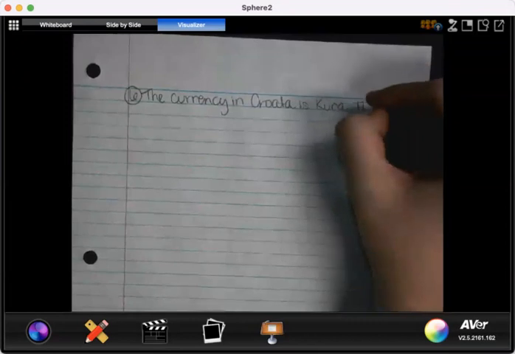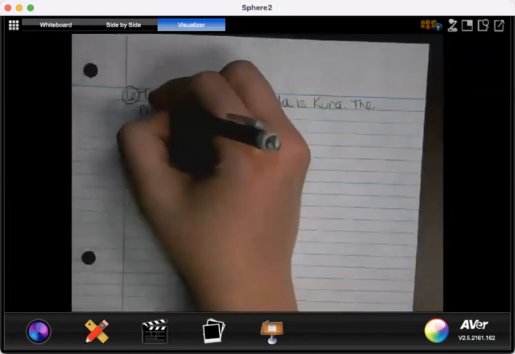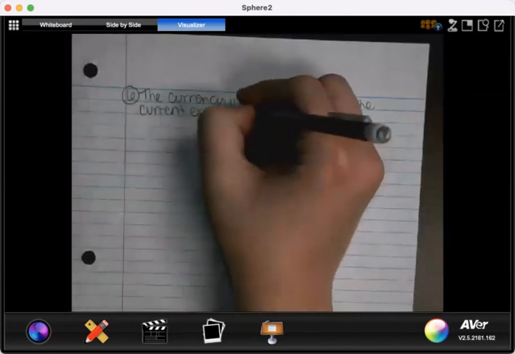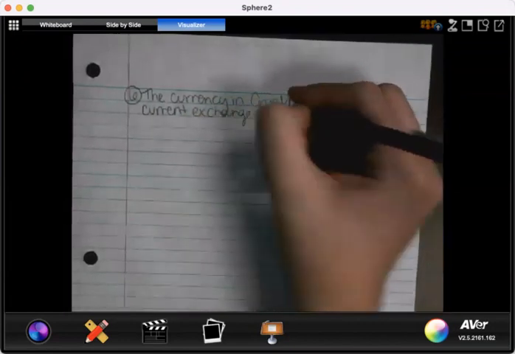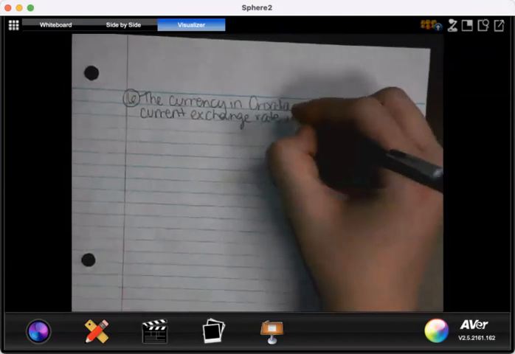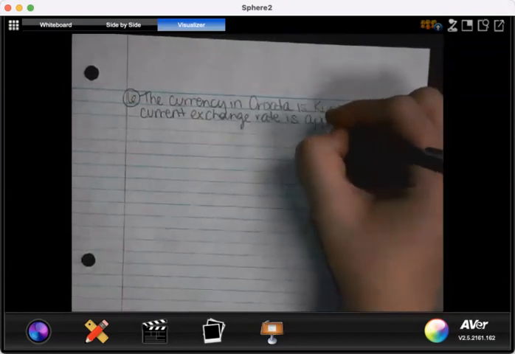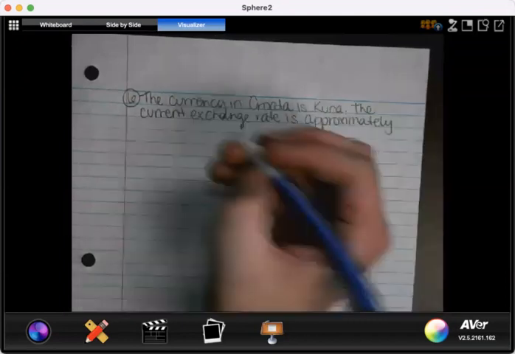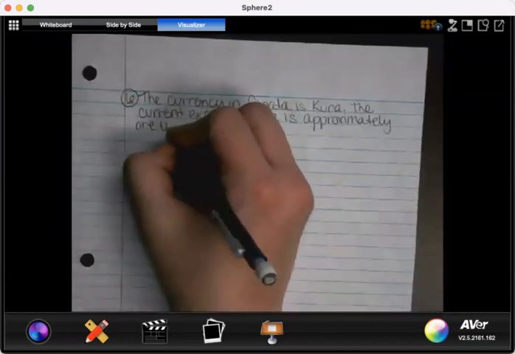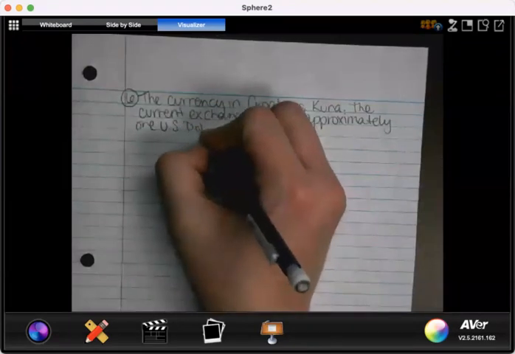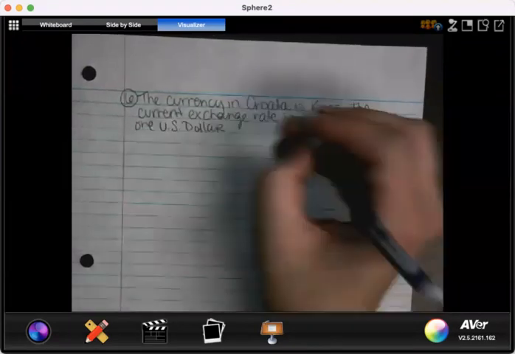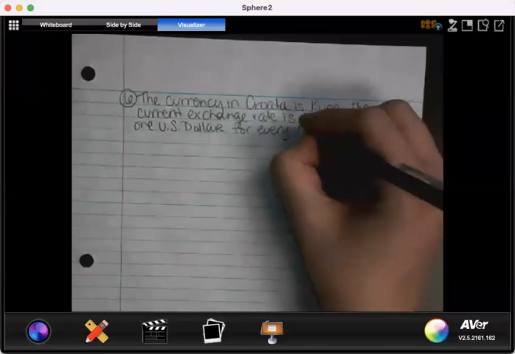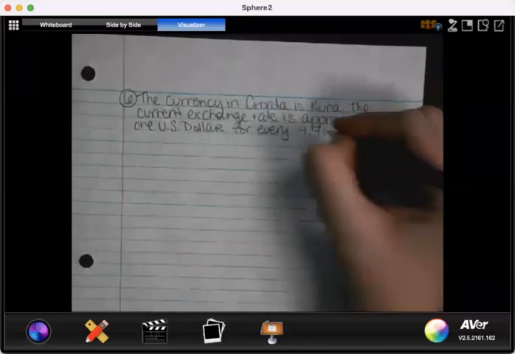The current exchange rate is approximately $1 for every 7.71 kuna.